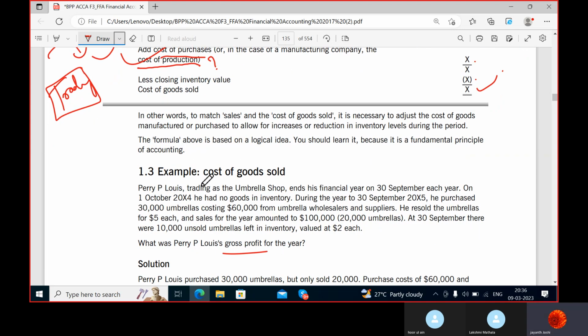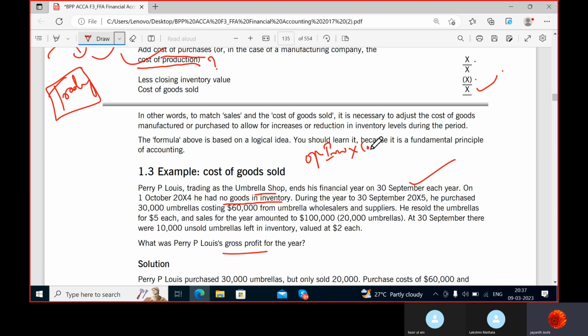Perry P. Louis, trading as the umbrella shop, ends his financial year on 30th September each year. On October 1st, he had no goods in inventory. So that means the year starts on 1st October and they don't have any opening inventory. So opening inventory is nil here.